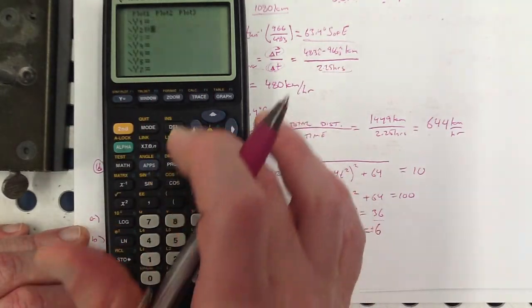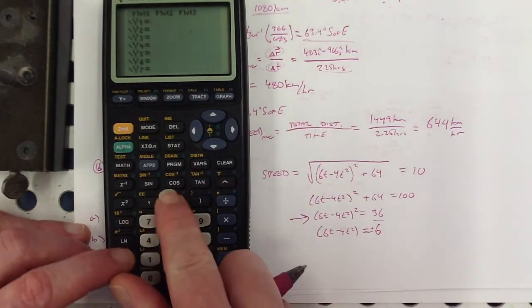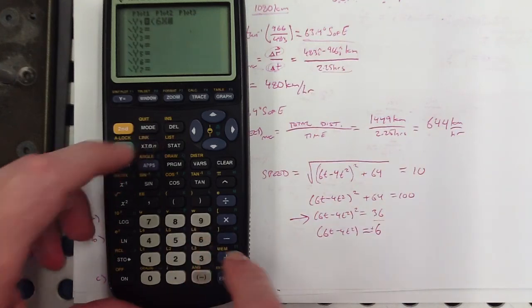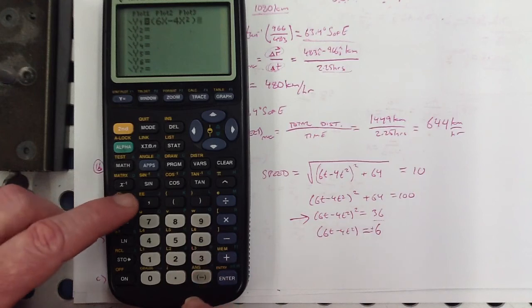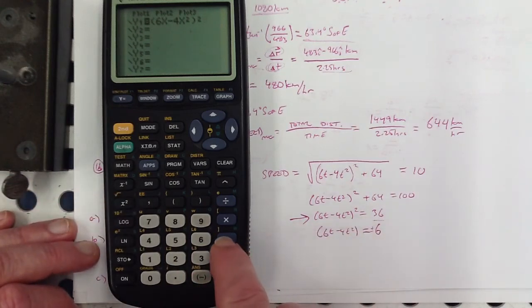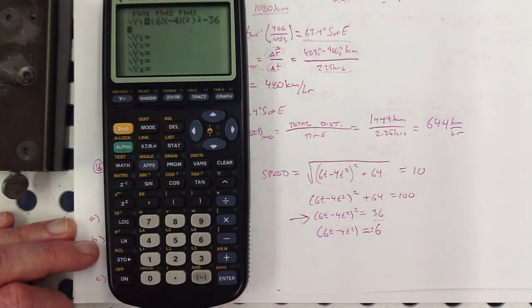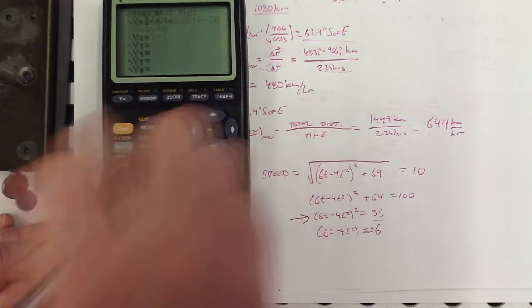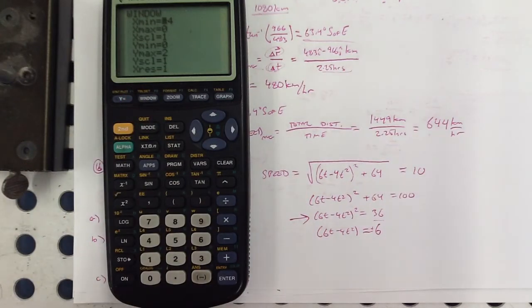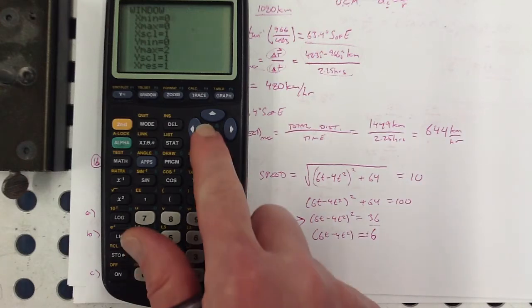So I'm going to do this version. I'm going to do 6x minus 4x squared minus 36, and then I want to know when that's equal to 0. So I hit graph and look for the zeros, but I'm not just going to hit graph. Let's think for a second here. My x's are times, so I don't need any times that are negative.